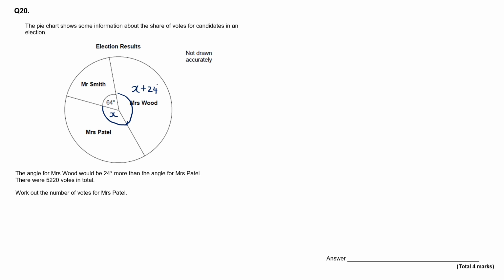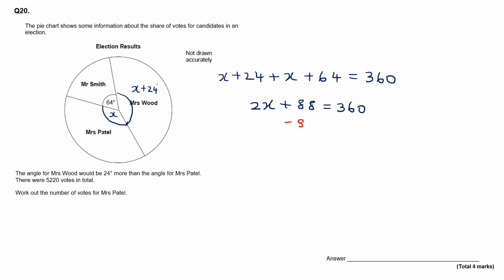So I'm gonna do this. So all of this should add up to 360 degrees. x plus x is 2x. 24 plus 64 is going to give us 88, equals 360. I'm going to then take away 88 from both sides.